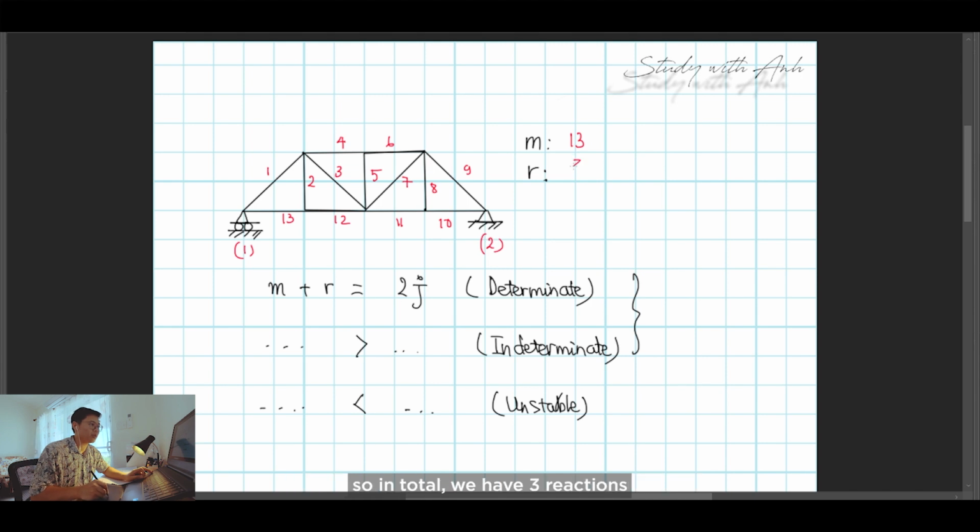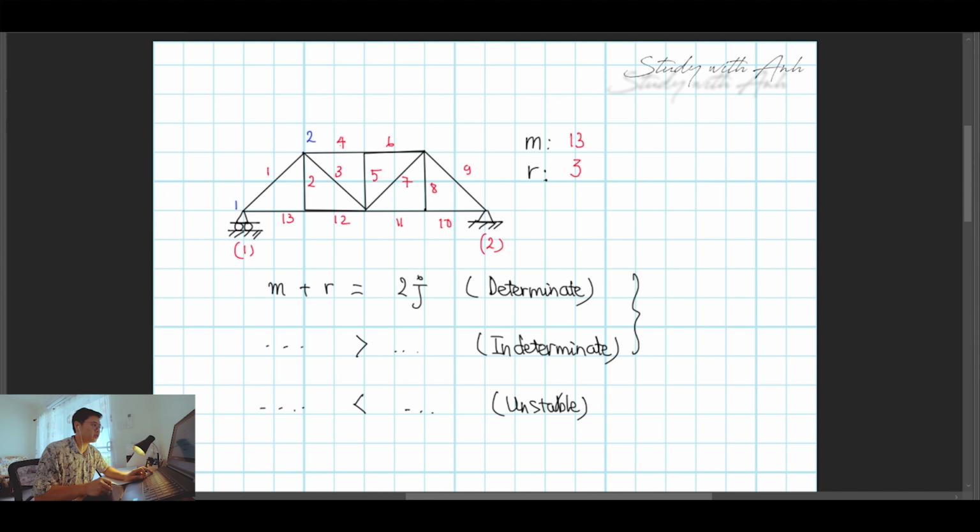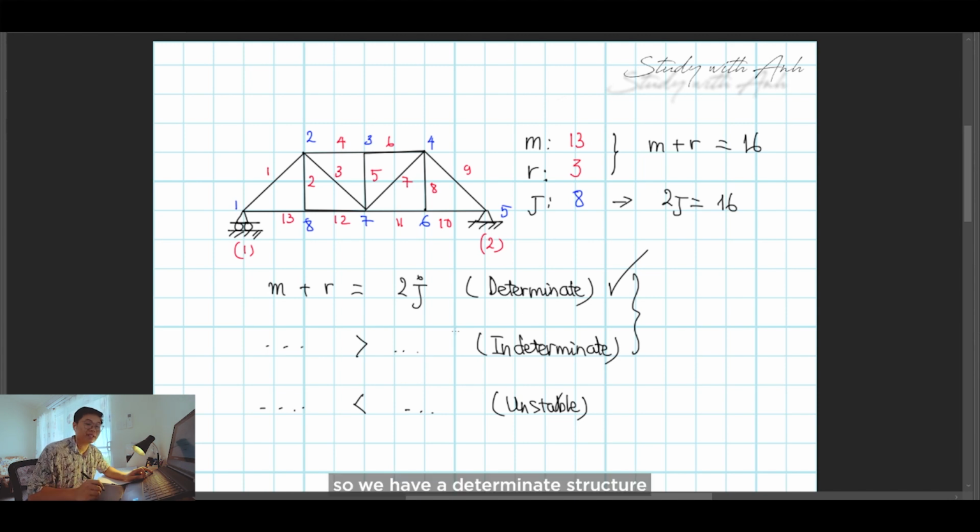So in total we have 3. And then how many joints? 1 here, 2, 3, 4, 5, 6, 7, 8 joints. J equals 8, so 2J equals 16. In here M plus R equals 16. So in this case, we have a determinate structure.